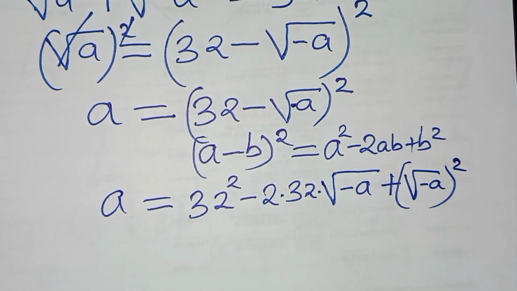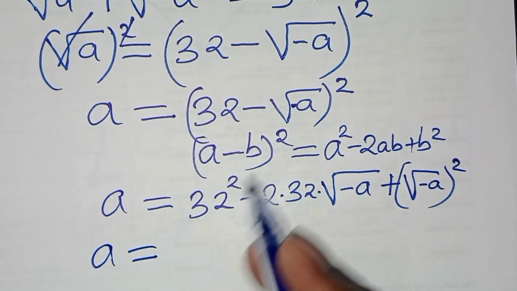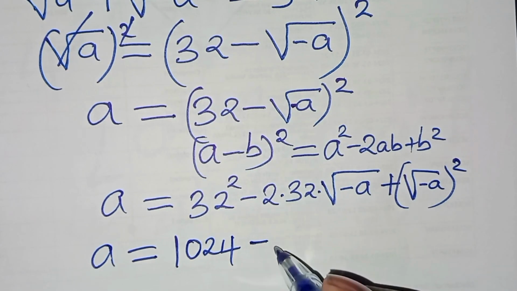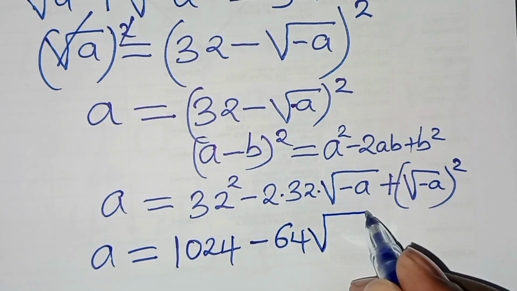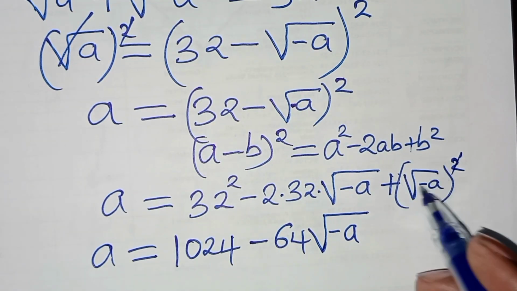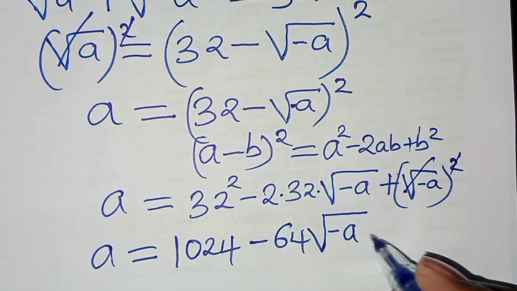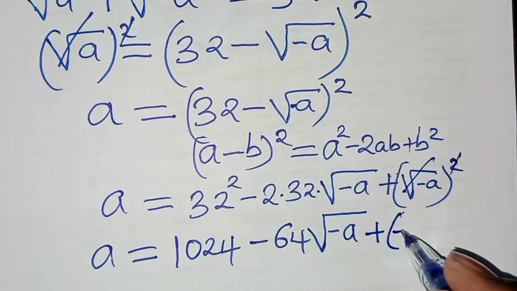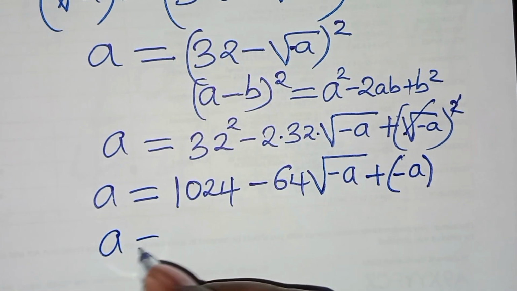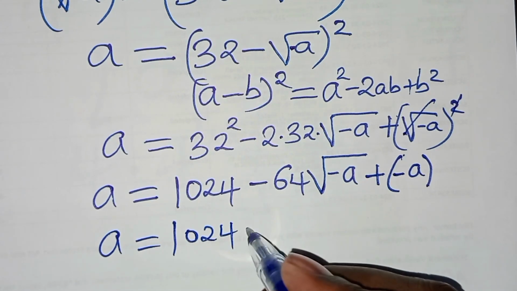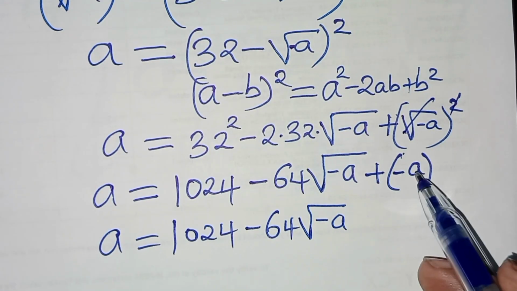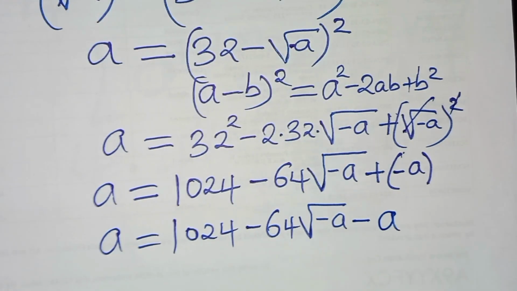So let's proceed here. a is equal to 32 squared, which is 1024, subtract 2 times 32, which is 64, square root of negative a, and the square root of negative a squared, we eliminate the square root sign. So here we'll have plus negative a. That implies a is equal to 1024 subtract 64 square root of negative a, then plus negative a.